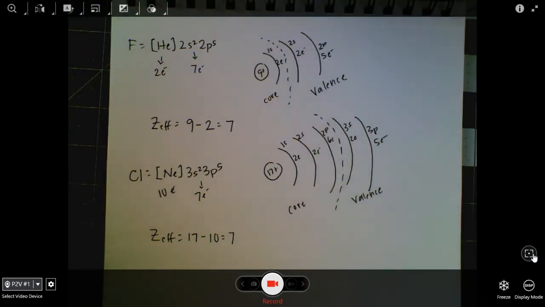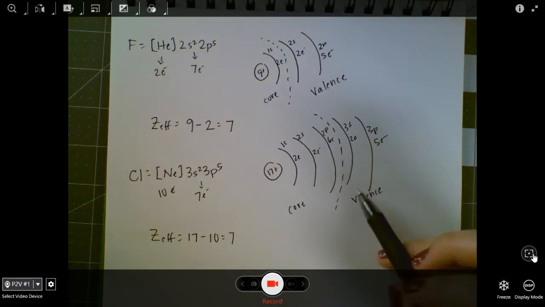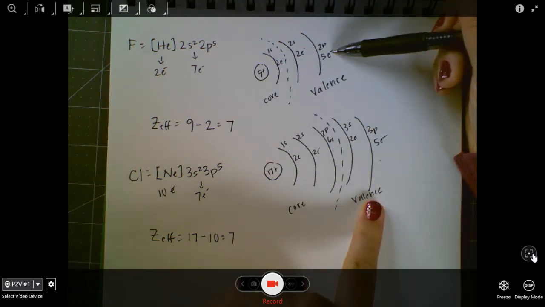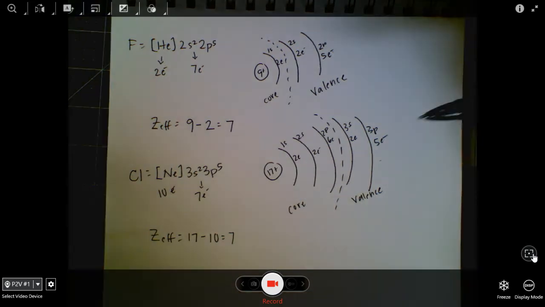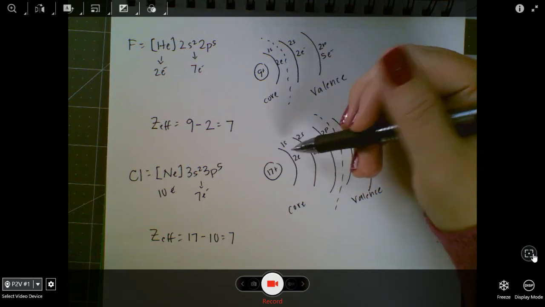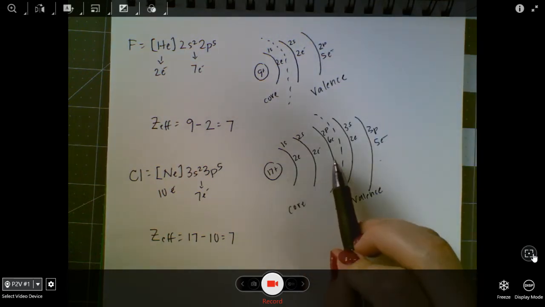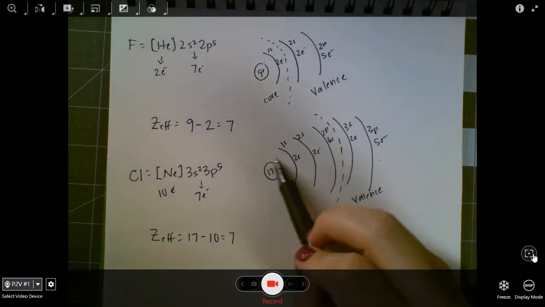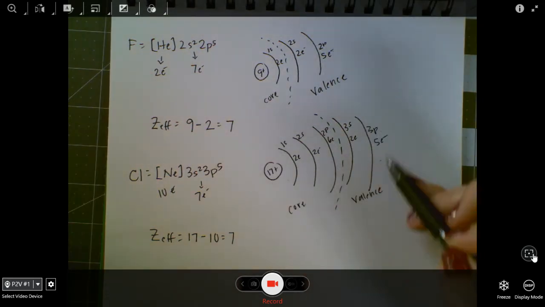So the way that we can explain why it's easier to take off an electron from chlorine in the valence than it is to take an electron off from fluorine has to do with what we call shielding. So what happens is in chlorine, there are 3 layers of core electrons that shield the nucleus from the valence electrons.